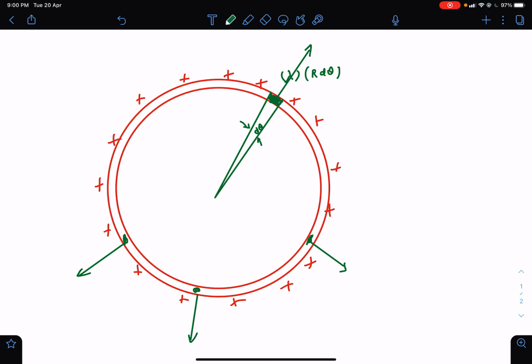This tendency of increasing the radius means increasing the perimeter, which is 2 pi r. So the ring will apply tension force and not allow the ring elements to go away. This string is inextensible. It will increase its tension and not allow the charges to fly apart radially outward.